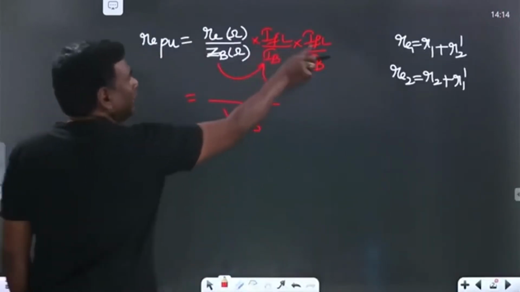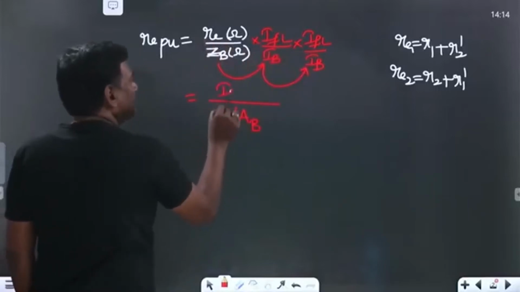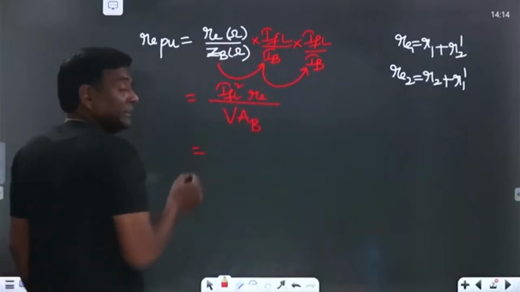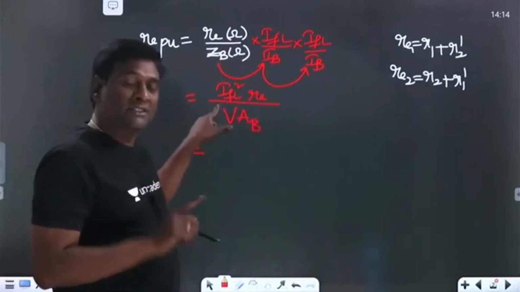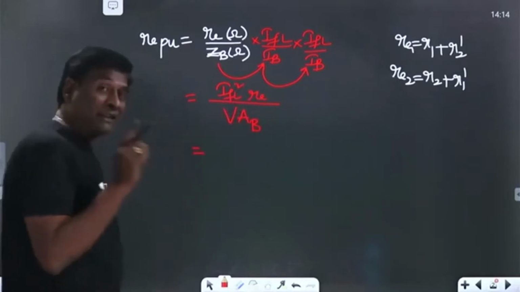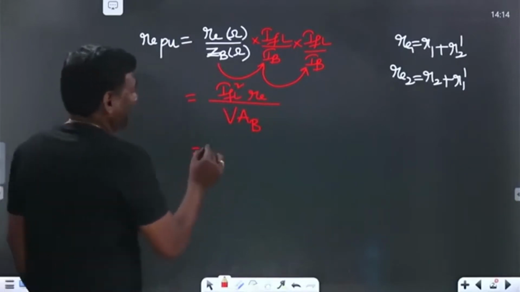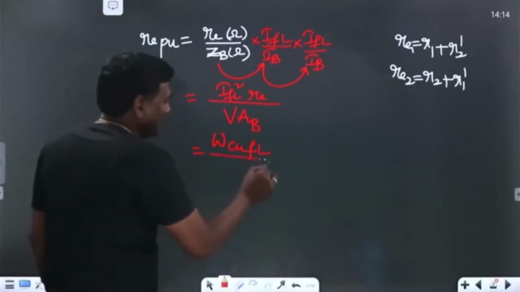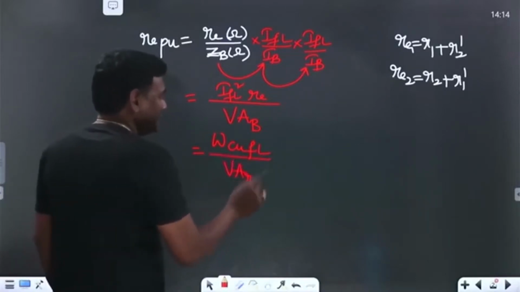Now IFL square RE, meaning full load current square multiplied by resistance, is going to be copper loss. But that copper loss should be calculated for full load. Now copper loss at full load divided by VA rated.